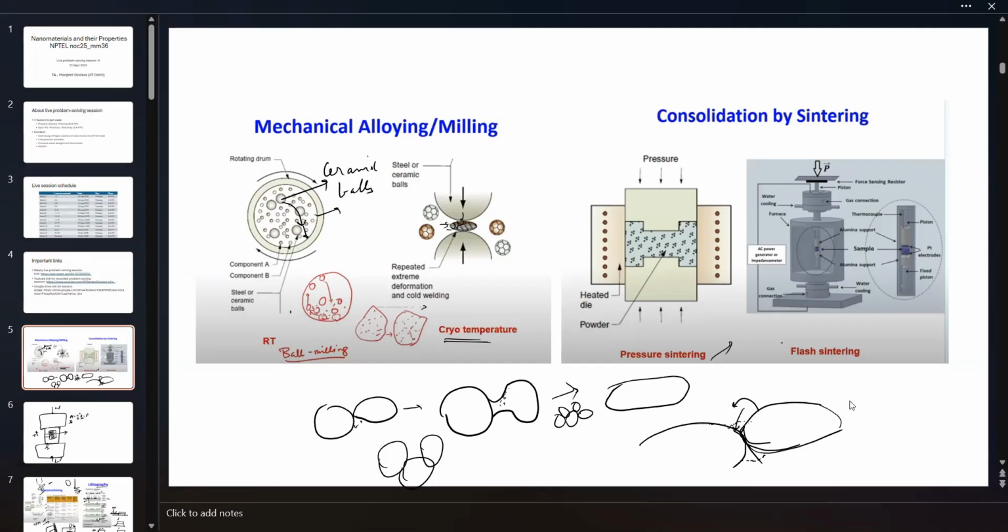We talked about different methods. When we have mechanical alloying or milling, where you have a ball mill.